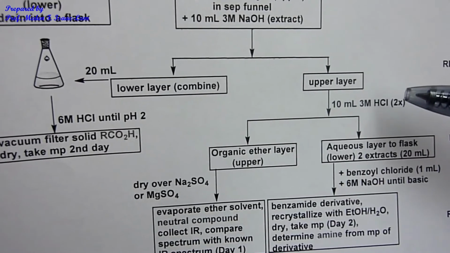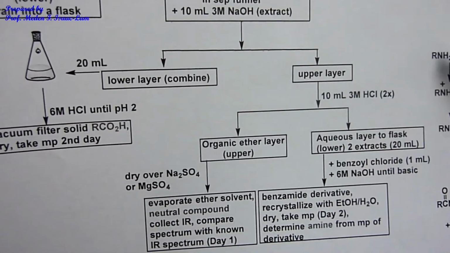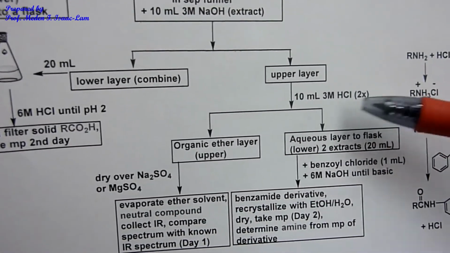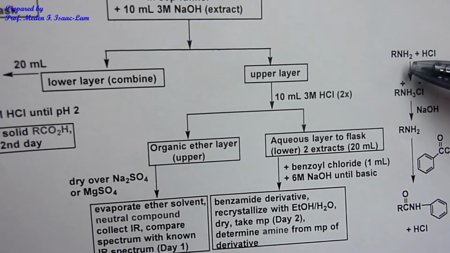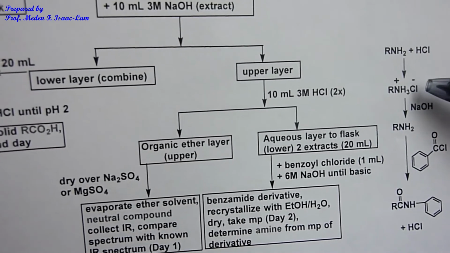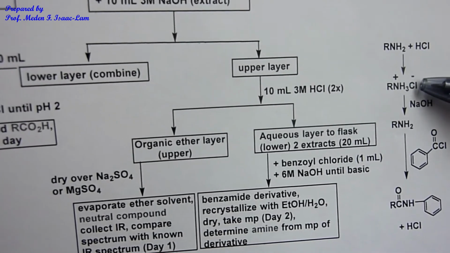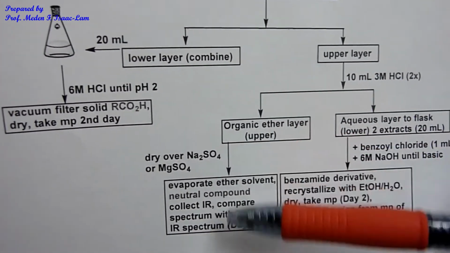The upper layer contains two components: the amine and the neutral. When I add hydrochloric acid, it will react with the base component of my 3-component unknown and form a salt. Once it forms a salt, it's going to go into the aqueous layer. What remains in the ether layer is just my neutral component.